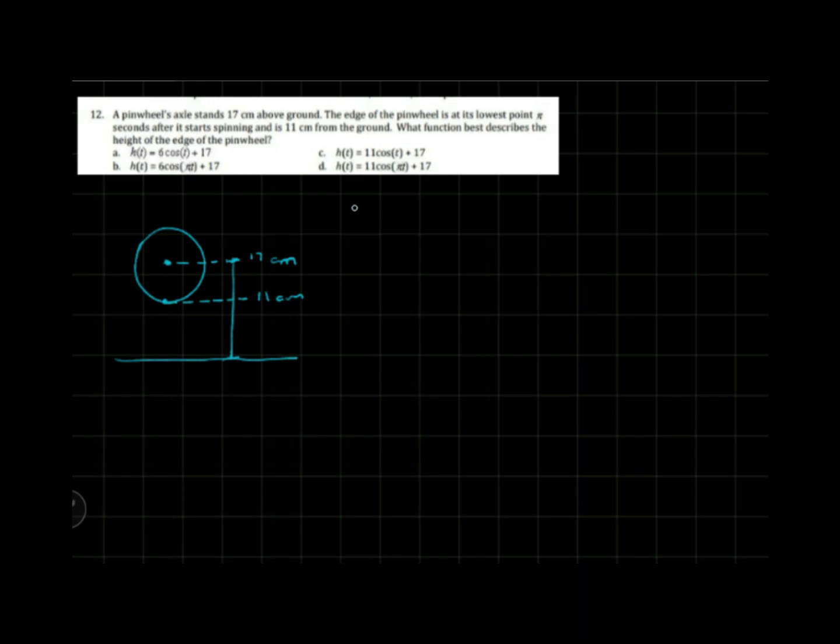So the points we're going to be representing are t and h of t.